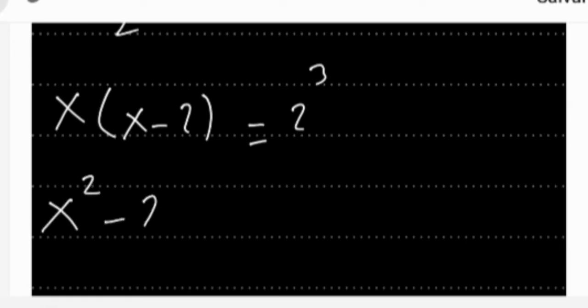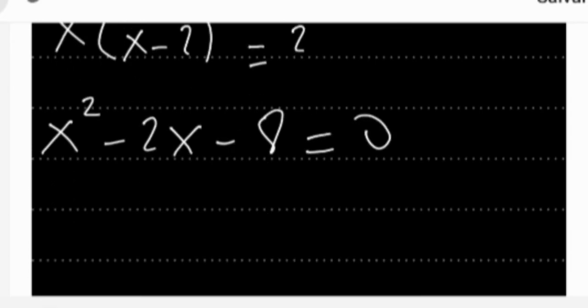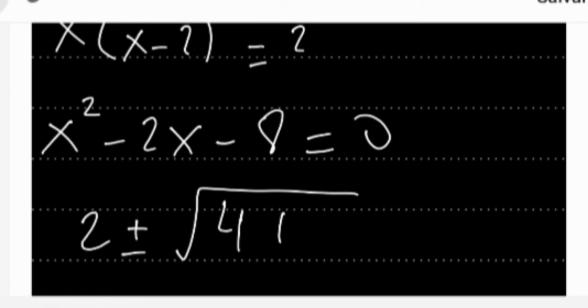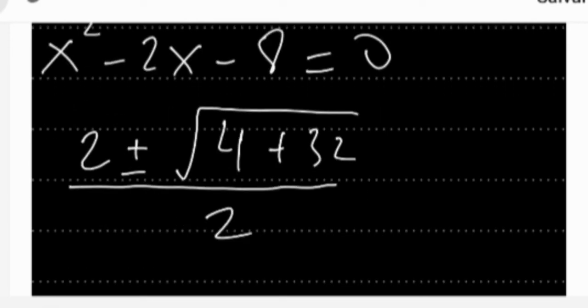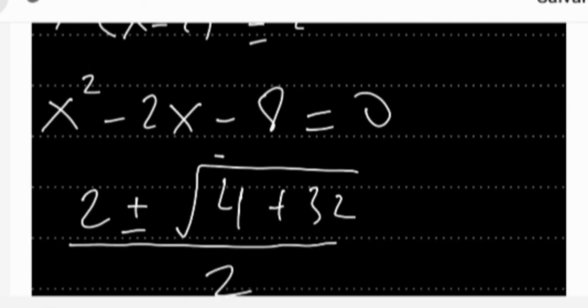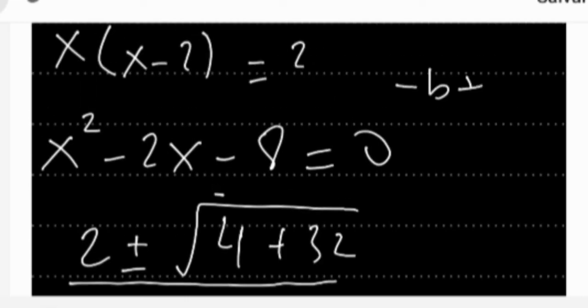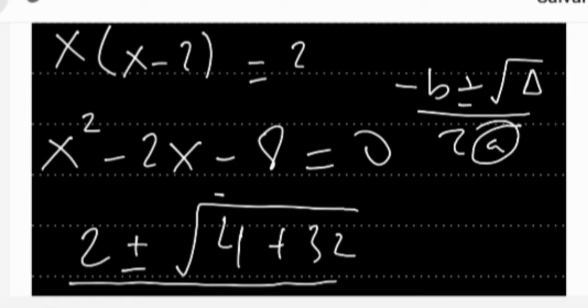So x squared minus 2x, and then this 2 cubed will be minus 8, equals 0. So let's find this value. Minus b plus or minus the square root of 4 plus 4 multiplied by 8, which is 32, divided by 2. What I did here was minus b plus or minus the square root of delta, divided by 2a, with a equal to 1 and delta equal to b squared minus 4ac.